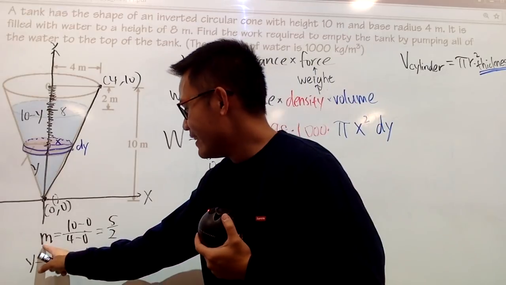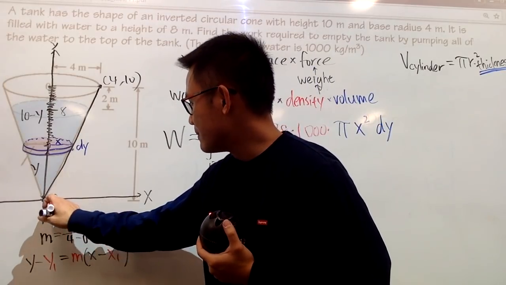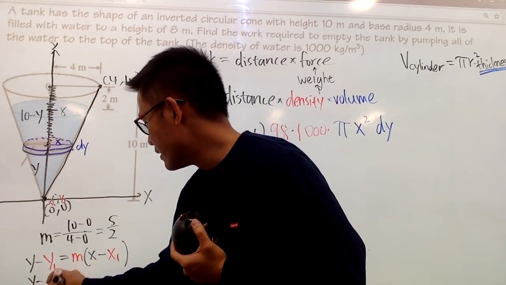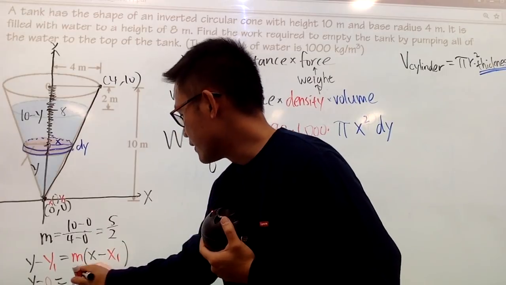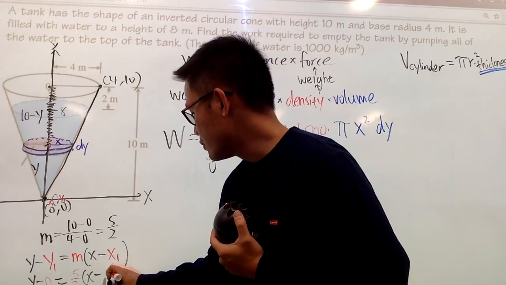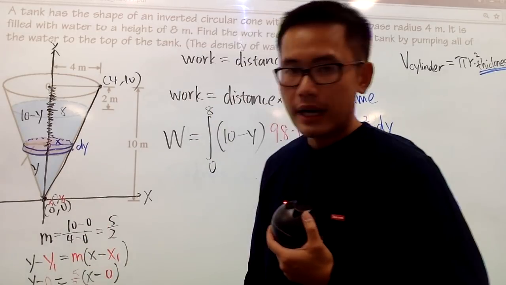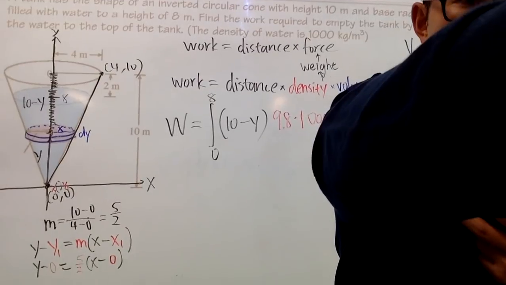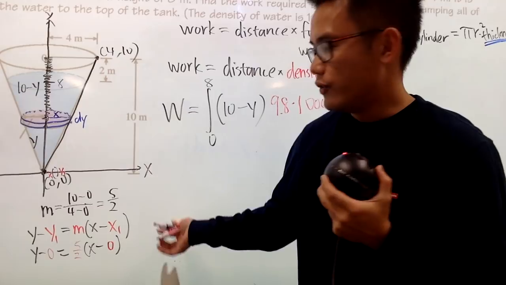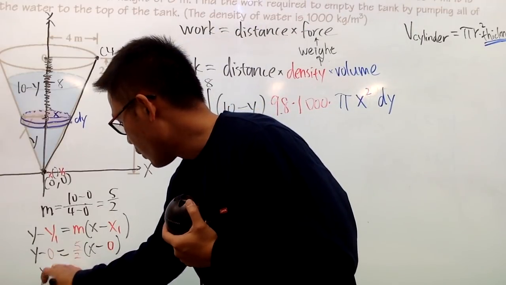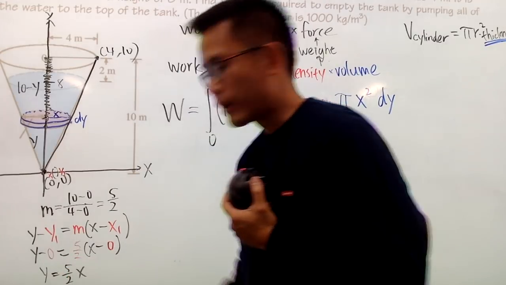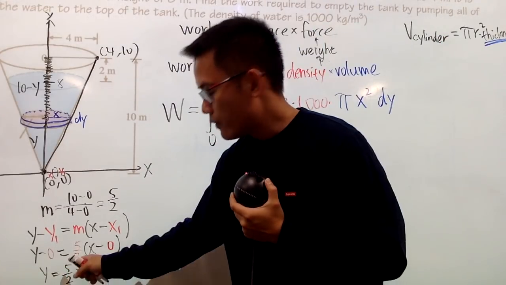Anyway, this right here, I will just label this as my x1, and this right here is my y1, and we have y minus 0 equals m, which is 5 halves, times x minus x1, which is 0 as well, all right? And of course, I know you guys can use the y equals mx plus b formula, but as I said, this will always work, just as a review. Anyway, this is just going to be y equals 5 over 2 times x, which is 5 halves x, okay?